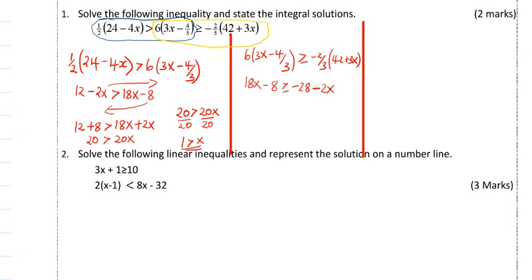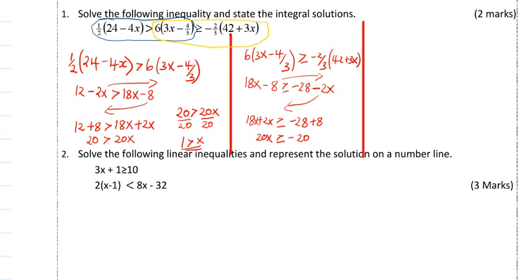Collect like terms together. We bring negative 2x to this side and take negative 8 to the other side. The signs will change. So this one becomes 18x plus 2x is greater than or equal to negative 28. Now we take negative 8 to the other side of the equation. It will be plus 8. So 20x is greater than or equal to negative 28 plus 8, which is negative 20.